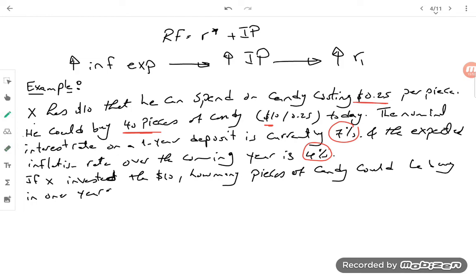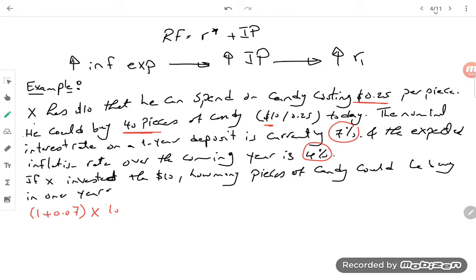In 1 year, X would have 1 plus 0.07, which is the interest rate, multiplied by $10. If he is going to invest or deposit this money in a bank, he is going to get 10 plus the interest, or the principal plus the interest.